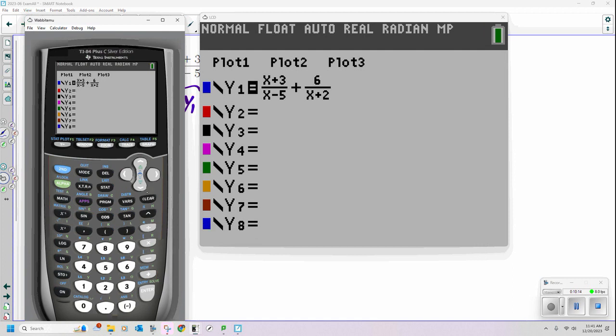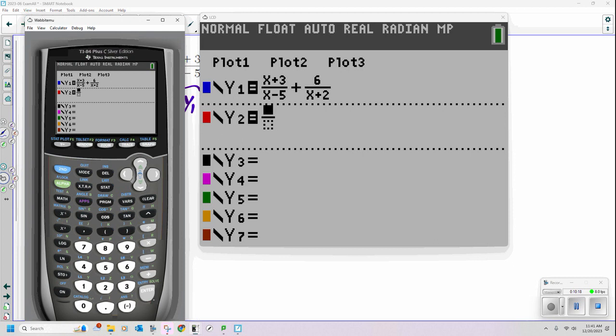And the right side of that equation is another fraction: 6x plus 10 over, in parentheses, x minus 5 times x plus 2.